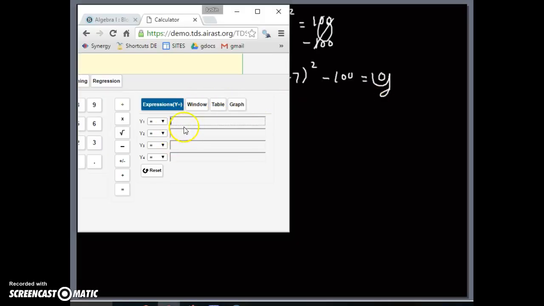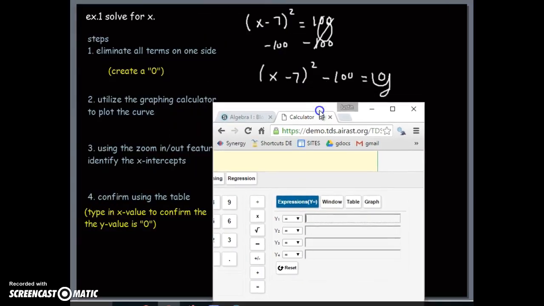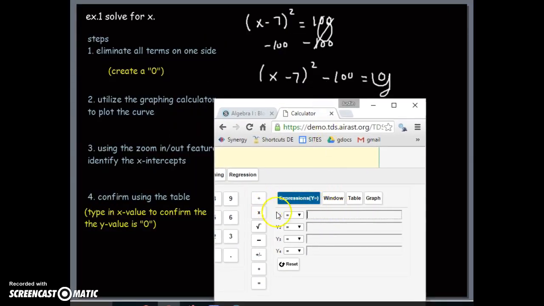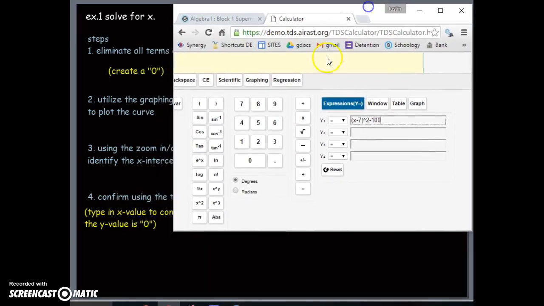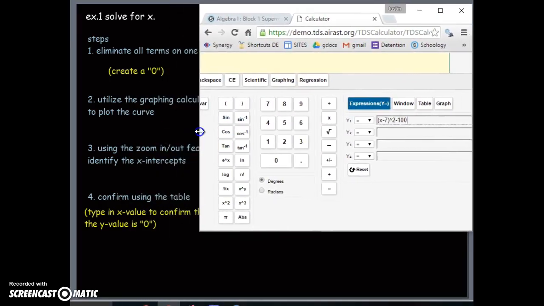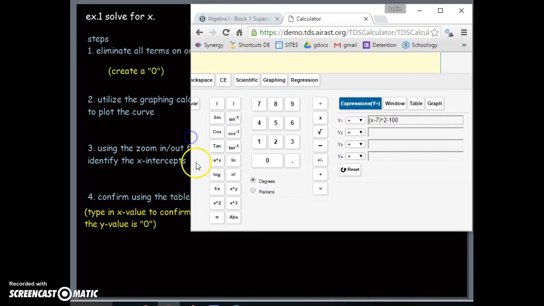And so we can go ahead and plug in what we have: parentheses x minus 7 parentheses squared minus 100. Double check to make sure you typed it in, because it's going to give you different x-intercepts if you type it in incorrectly. Now we're going to go to graph.